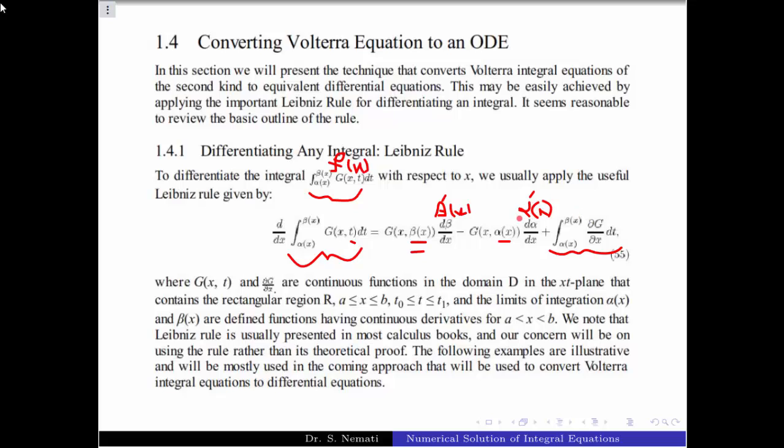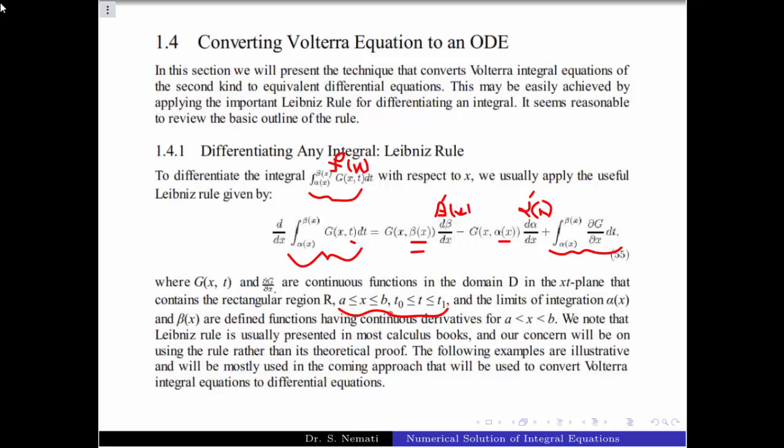So if an integral is given to you, you can take derivative of this integral using this formula, where g of x and t and partial derivative of g with respect to x are continuous functions in the domain D in the xt plane that contains the rectangular region R. The region R is given by this domain.